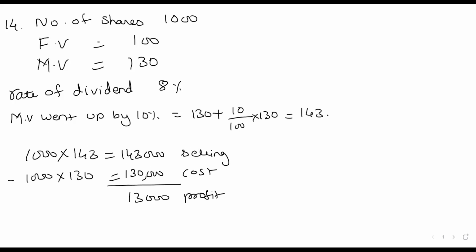And plus, what is the dividend? Dividend is 8% on 100. That is rupees 8. Okay, so total dividend is 8 on 1,000 shares. That is 8,000.